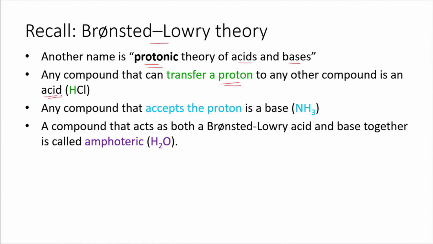This is the one thing you have to remember: anything that can transfer an H plus is called an acid, and any compound that accepts a proton is a base. This is the Lowry-Bronsted theory for acids and bases. And water, which can either accept a proton or give a proton, is called an amphoteric compound.